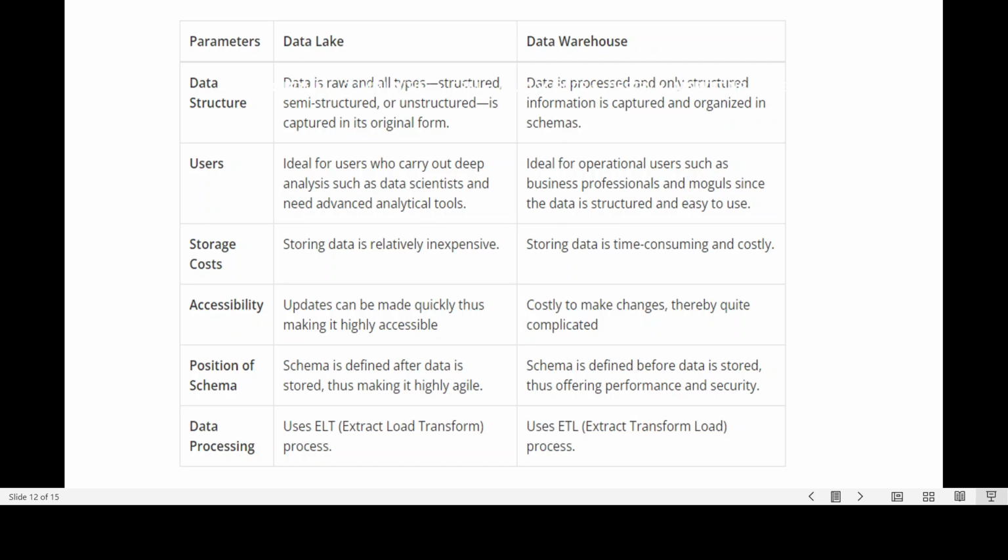Coming to position of schema, in a data lake, schema is defined after data is stored, thus making it highly agile. In a data warehouse, schema is defined before data is stored, thus offering performance and security. Coming to data processing, a data lake uses ELT, that is the extract, load, transform process. A data warehouse uses ETL, the extract, transform, load process.